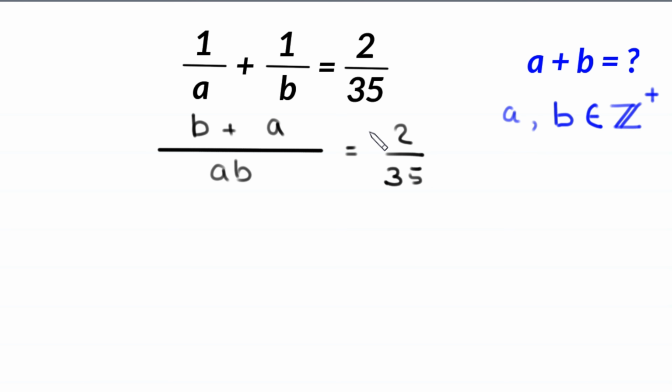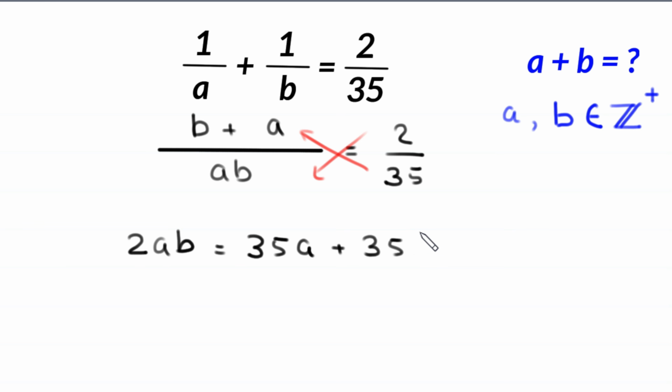Now we use cross multiplication. We multiply this 2 by ab and we multiply this 35 by b plus a. So this will become 2 times ab equal to 35 times a plus 35 times b. Move these two terms to the left hand side.